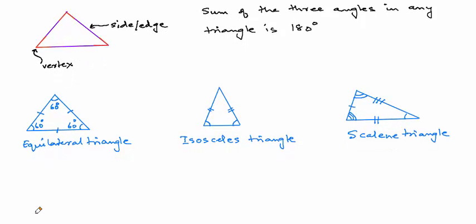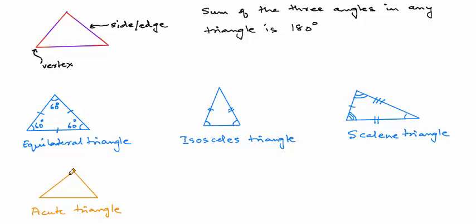A triangle is said to be an acute triangle when all three angles are less than 90 degrees in their measure. They don't have to be equal or something like an equilateral triangle or even an isosceles triangle, but each one of them has to be less than 90 degrees.